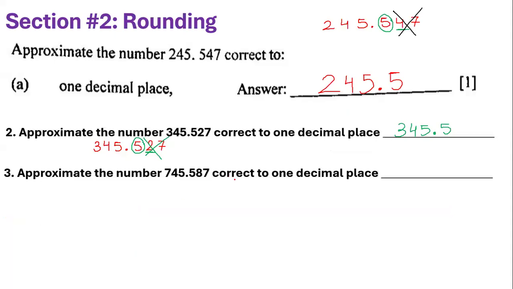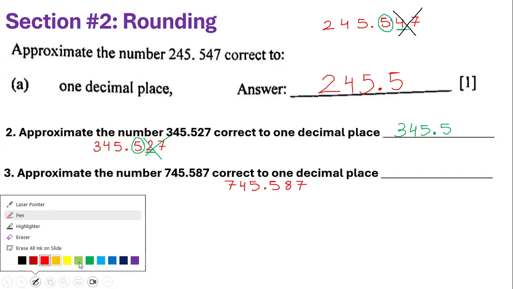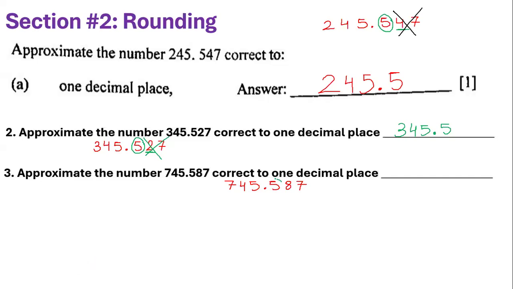Let's write it down: 745.587. Circle the 5 and underline the 8, because it's one decimal place, right? Circle the 5 and underline the 8. Very good.